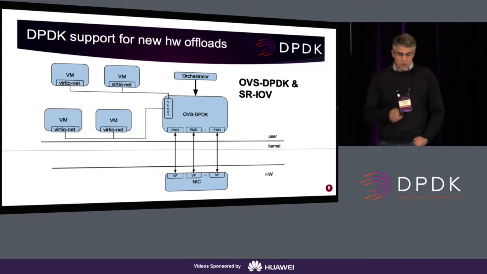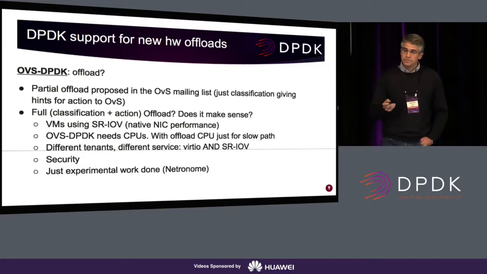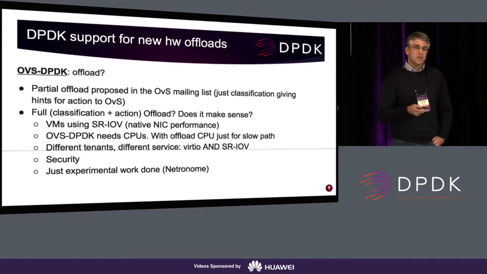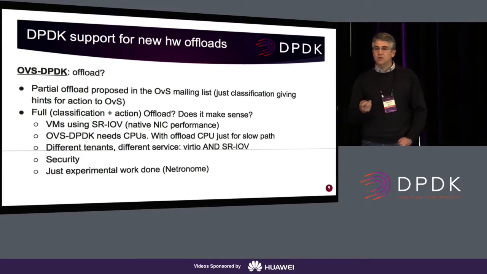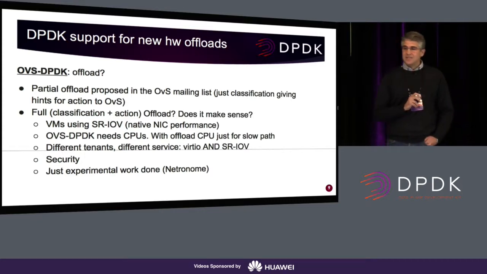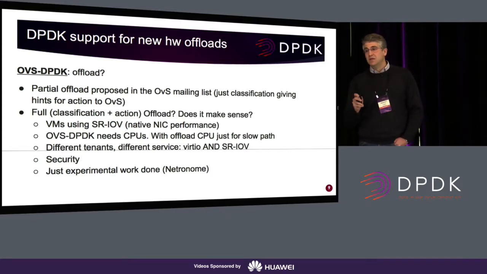Okay. So what about offload? With OVS DPDK, we solve the problem of performance, but what about offloading this OVS functionality? Does it make sense? Well, first of all, there have been some recent patches to the OVS mailing list for doing partial offload.